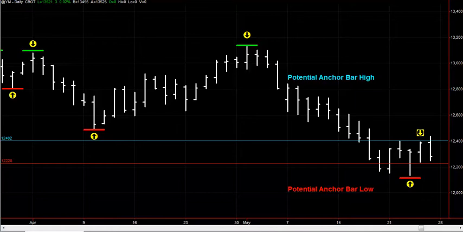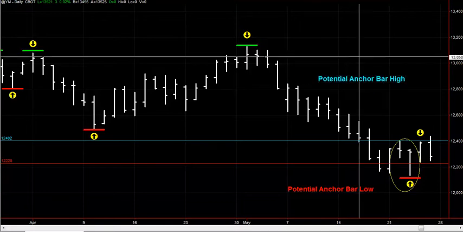So once we have established a new anchor bar low, the first thing we have to do is look for a new high anchor bar, but that needs to be actualized through the process. So every bar after an anchor bar has been established becomes a potential anchor bar high. And there it is, potential anchor bar high.